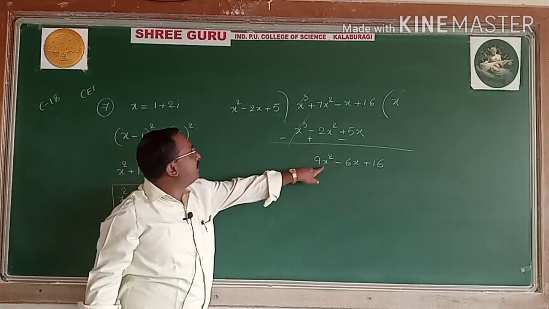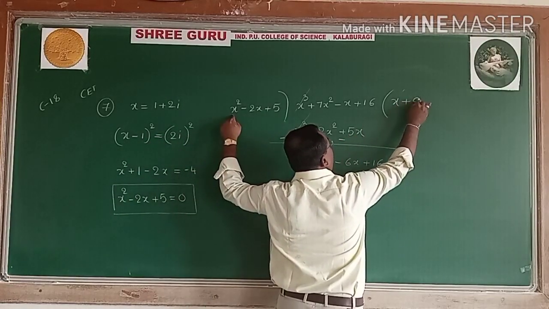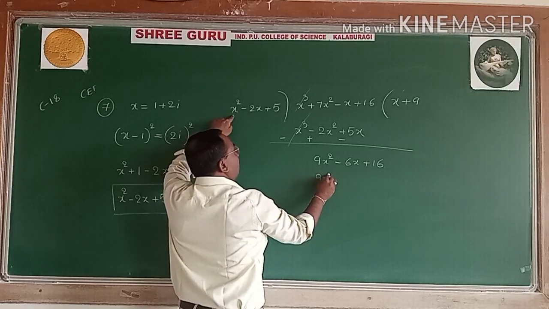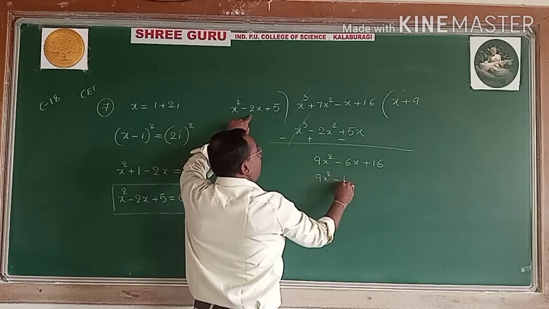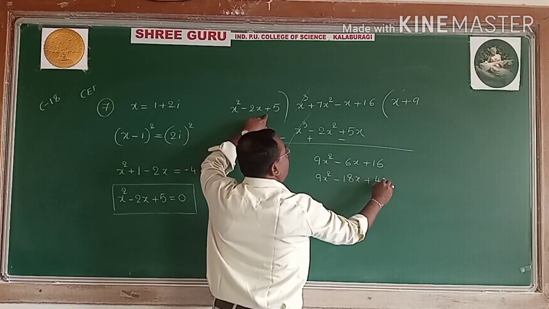Next, x square how many times? 9 times. 9x square minus 18x plus 45.